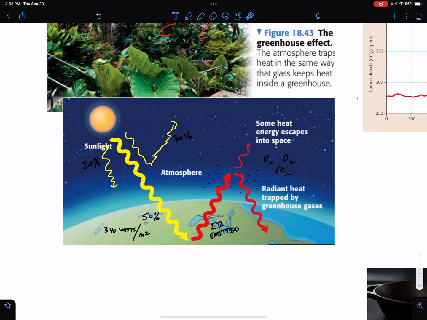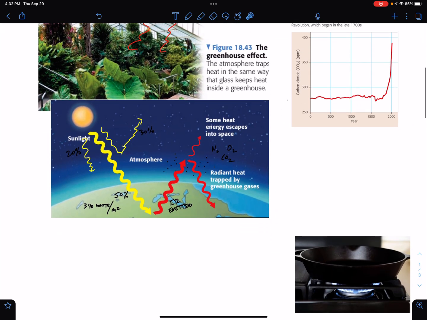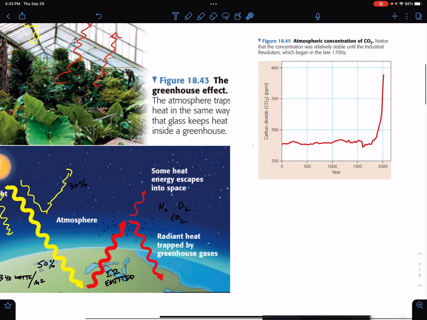So it's trapping it. This is a good thing. Without trapping heat energy at all, the Earth would be super, super cold. It would be freezing. It would be like a giant ice ball. So we need greenhouse gases. However, the Earth's energy balance is changing as we increase the amount of CO2 in the atmosphere.